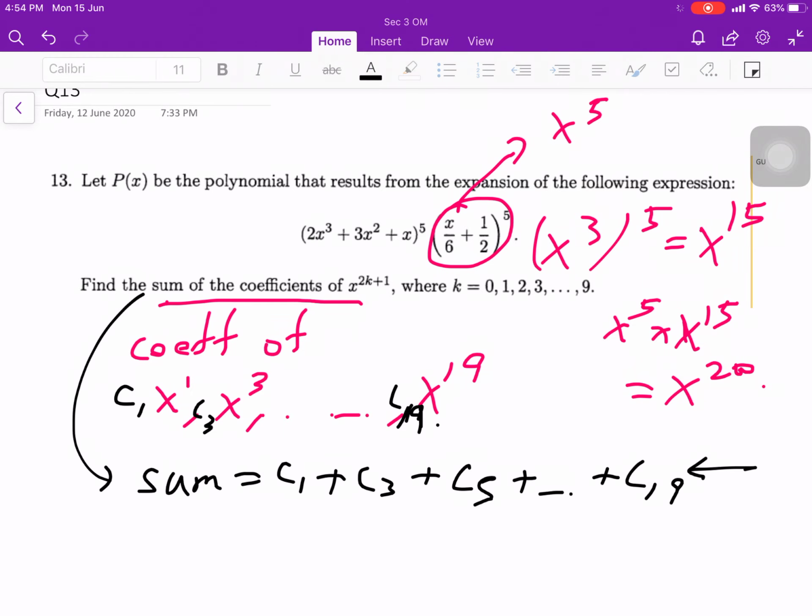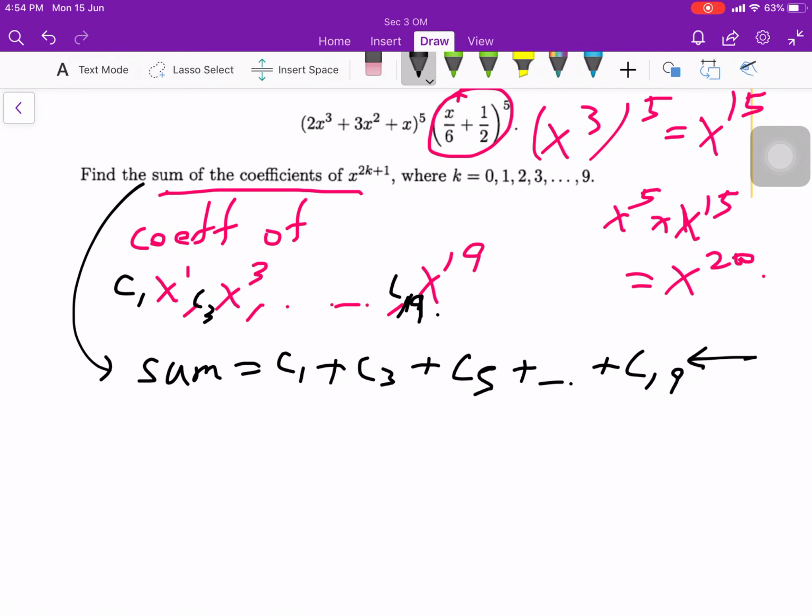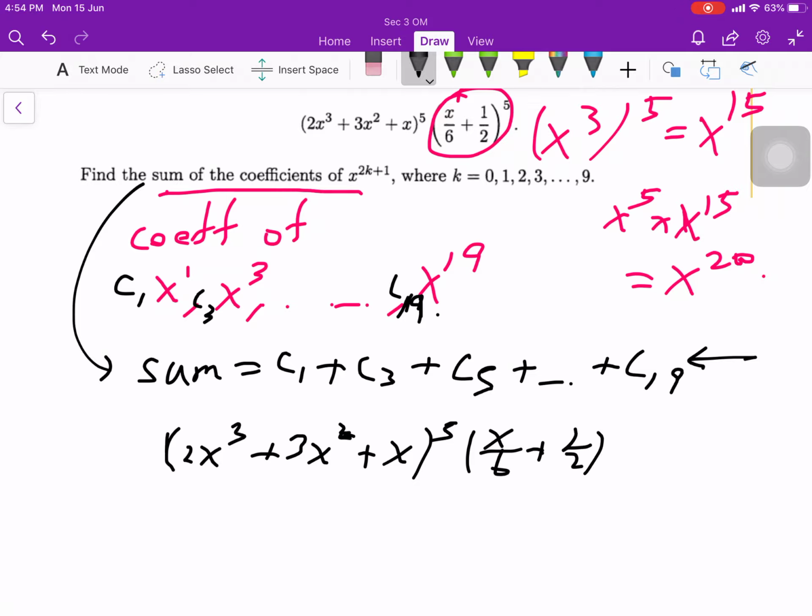Therefore, now can I introduce a notation? Can I say that this product, (2x cubed plus 3x squared plus x) raised to the power of 5 multiplied by (x over 6 plus half) to the power of 5, right?